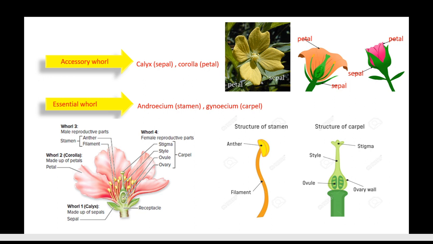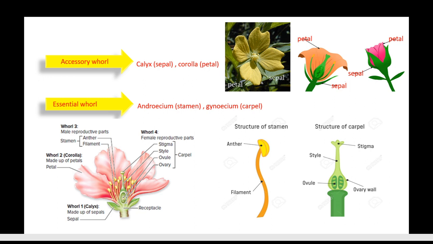Now come to the female reproductive part. The female reproductive part is called gynoecium. It is also termed pistil. It is made up of one or more carpels. It is also called megasporophyll. Each gynoecium is differentiated into three parts as shown in the figure.